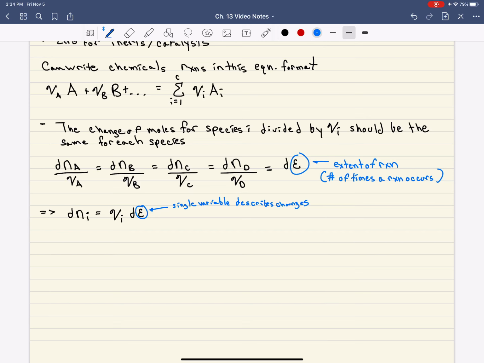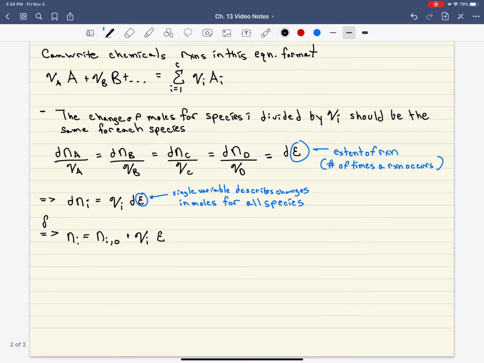And so we have dni is equal to nu sub i d epsilon. And of course I wrote this in derivative format, so we could just integrate it, and we get ni is equal to the initial amount of moles of species i plus nu i epsilon.